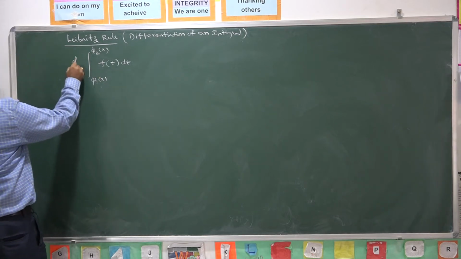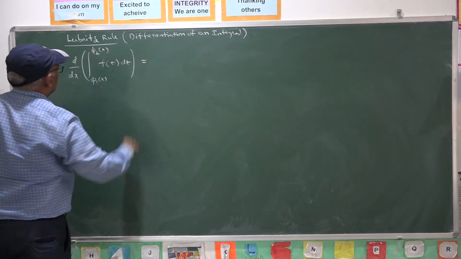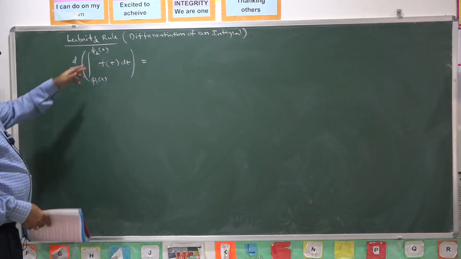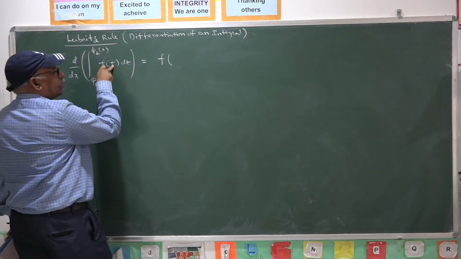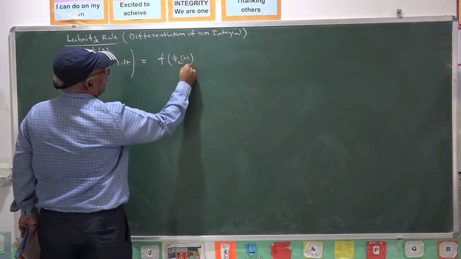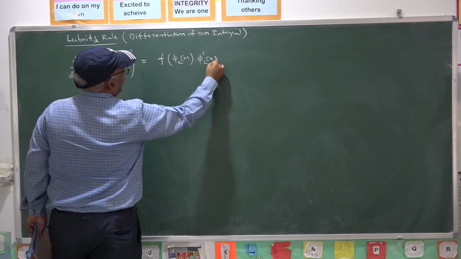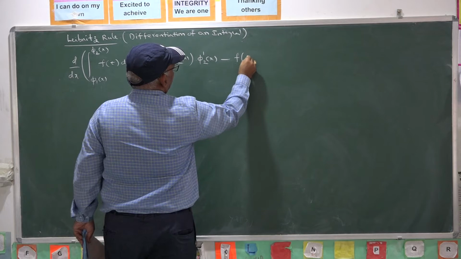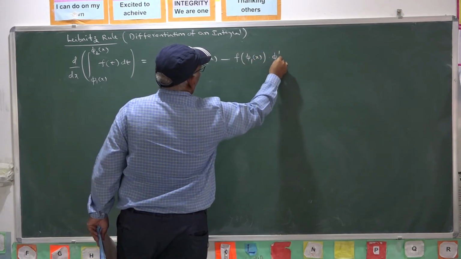Now differentiating this integral with respect to x, the derivative of this integral is nothing but: replace t with the upper limit in the function at first, into the derivative of the upper limit, minus, replace t with the lower limit in the function, into the derivative of the lower limit.